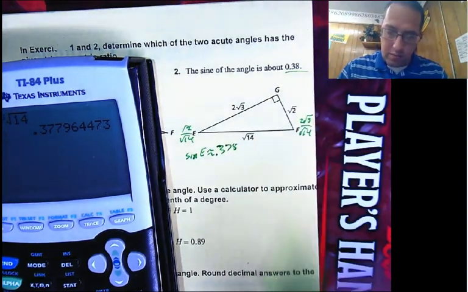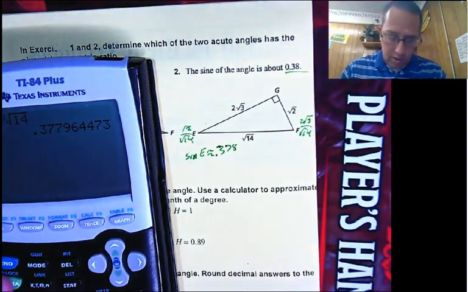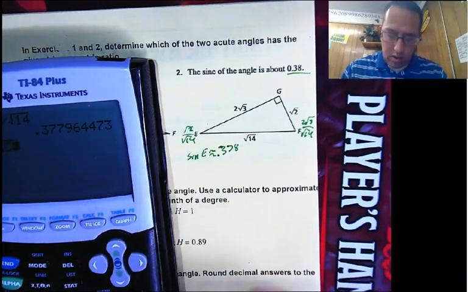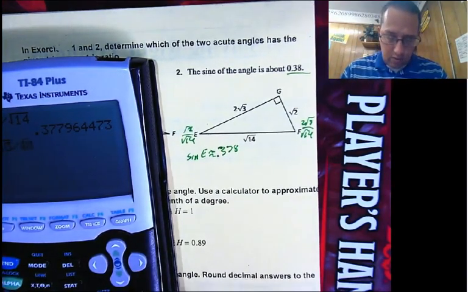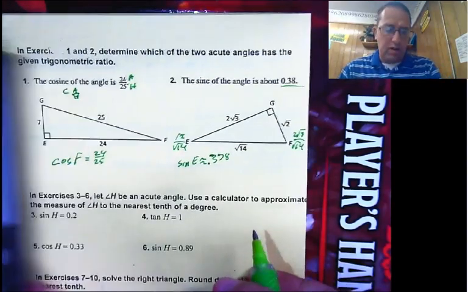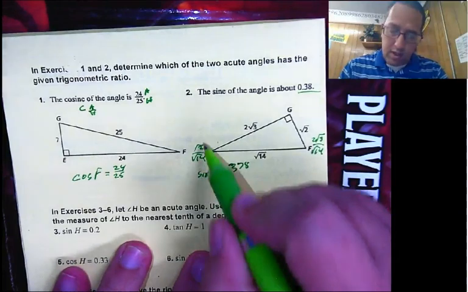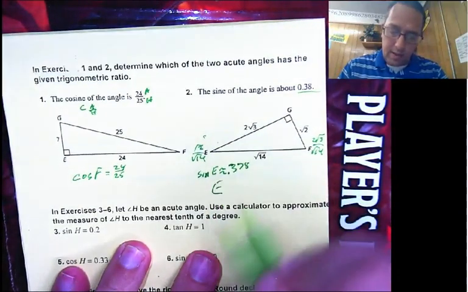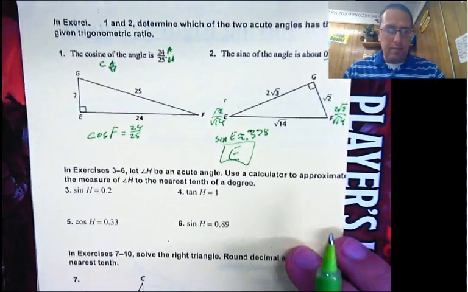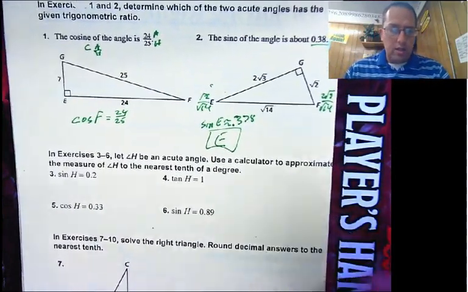Yeah, that looks pretty good. Let's just double check the other one. We have 2 square roots of 3 divided by the square root of 14, which is 0.925. Yeah, that's not a good match. So it's going to be E. Angle E is the answer. All right. Easy enough.